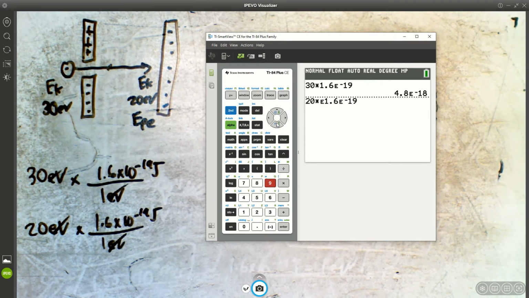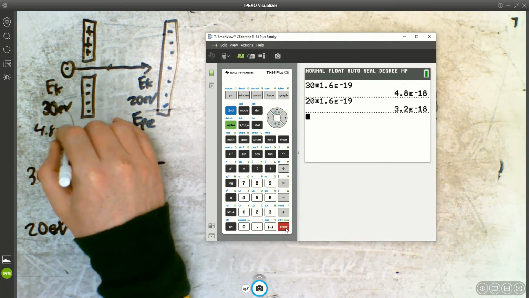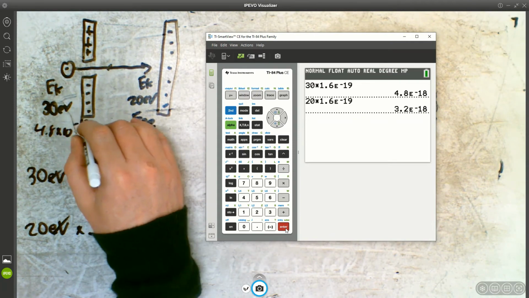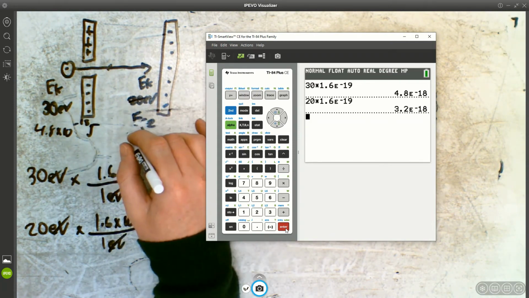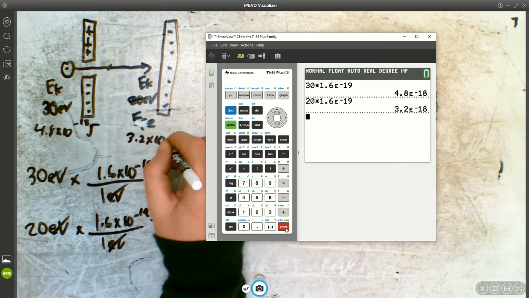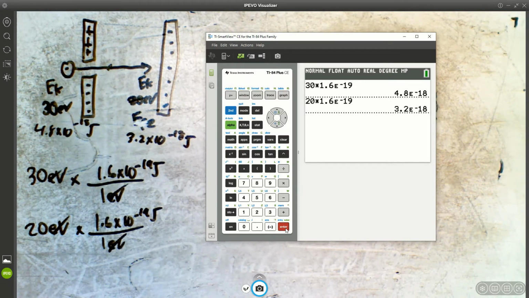I see my mistake there. Fix that. Good. So here it has 4.8 times 10 to the negative 18 joules of kinetic energy. And then here it has 3.2 times 10 to the negative 18 joules of kinetic energy.